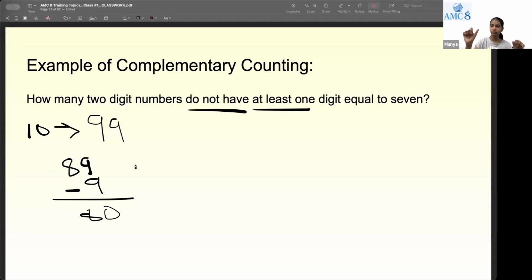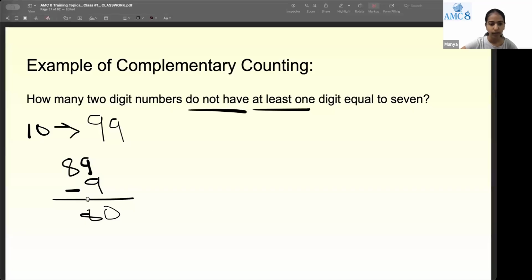We have 17, 27, 37, 47, 57, 67, 77, 87, and 97. There's 9 numbers like that, but then there's also 70 to 79. We can't count 77 again. So there's 70, 71, 72, 73, 74, 75, 76, 78, and 79. So there's also 9 numbers like that.